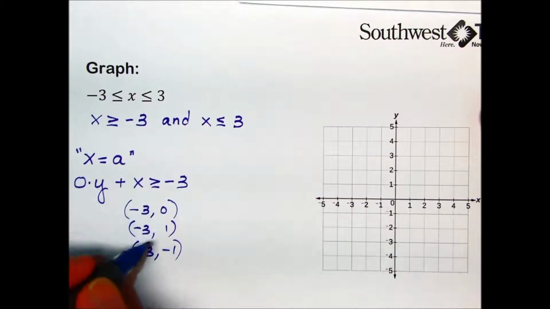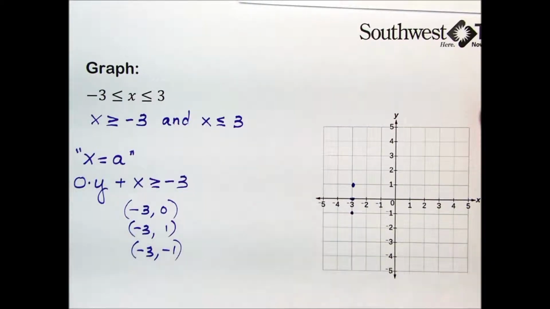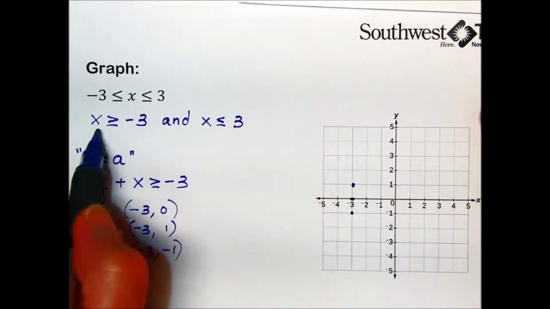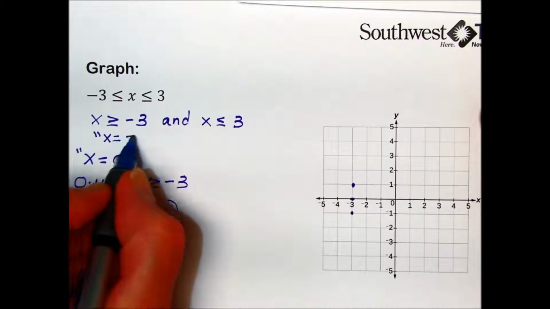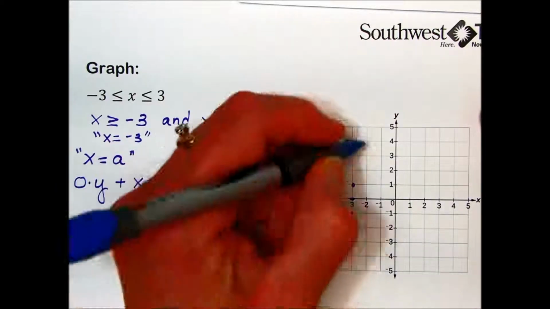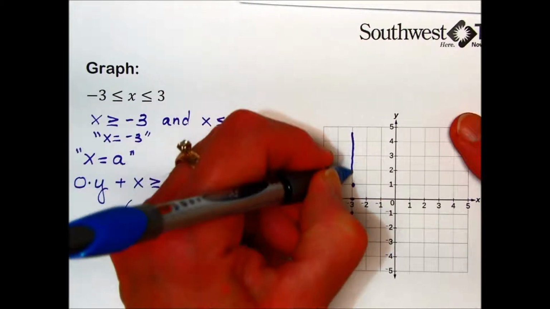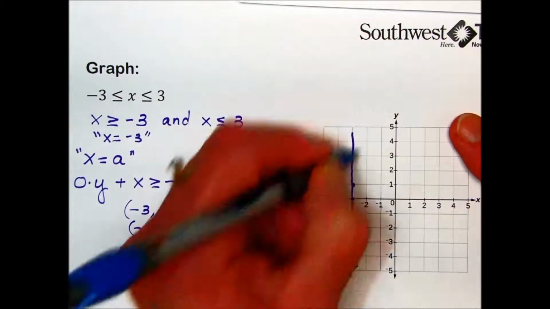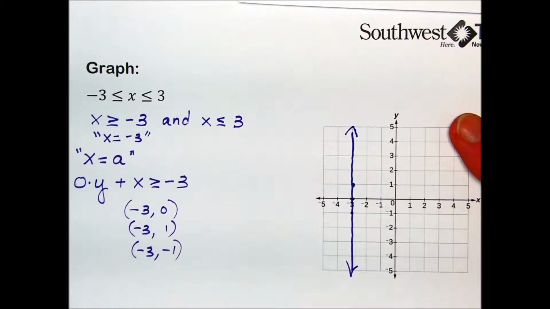So, a vertical line, whether you plot these points, (-3, 0), (-3, 1), (-3, -1), when we're graphing x, and we're thinking here x equals -3, it's a vertical line. Because it's included, it will be a solid line. Every one of the points has an x equal to -3, but the y's are changing.